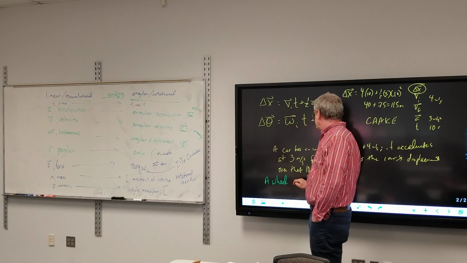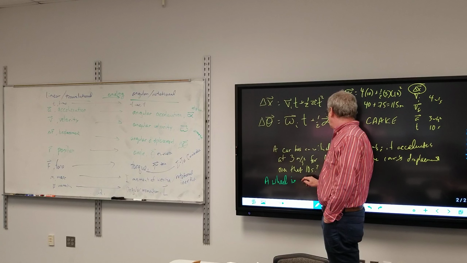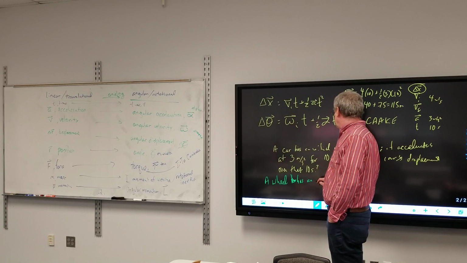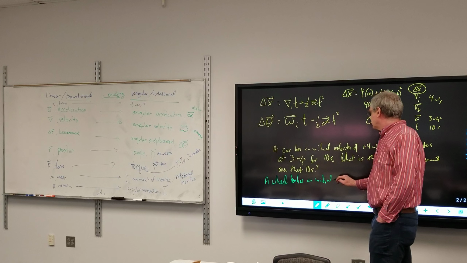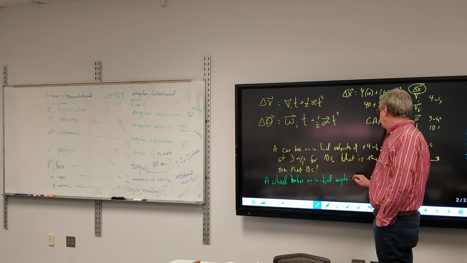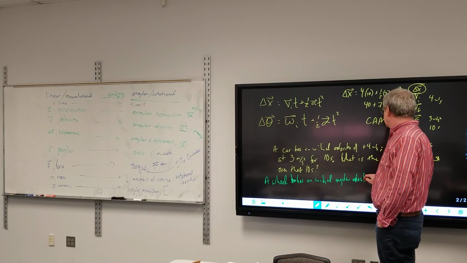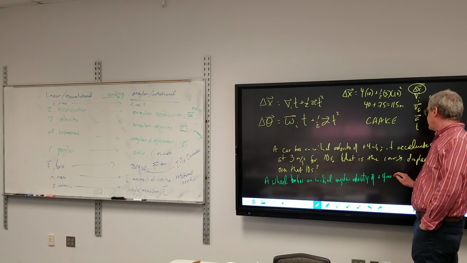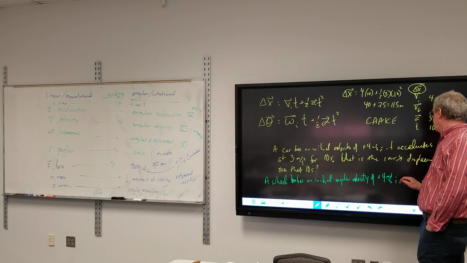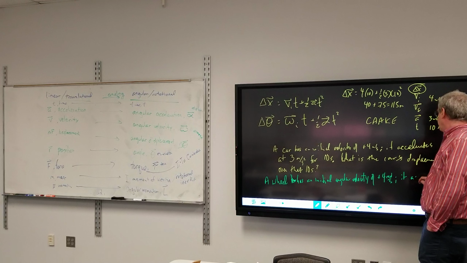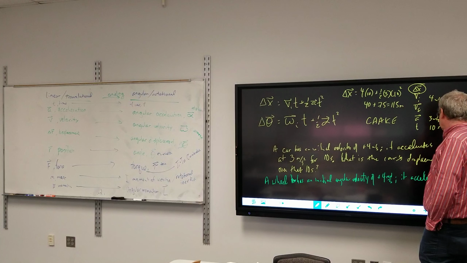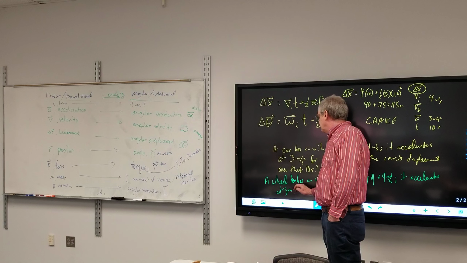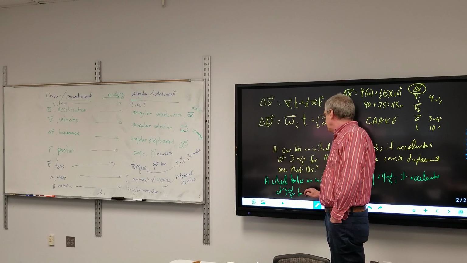A wheel has an initial angular velocity of positive 4 radians per second. It accelerates at 3 radians per second squared for 10 seconds.